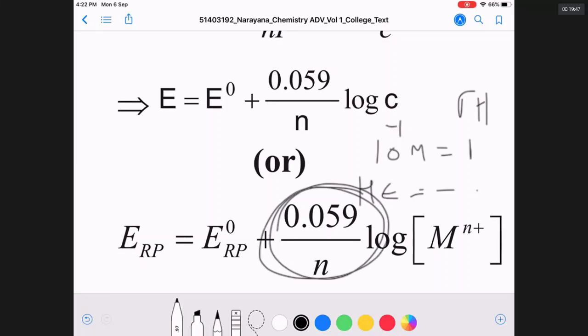For any electrode, if I change the concentration of ions, the electrode potential changes.